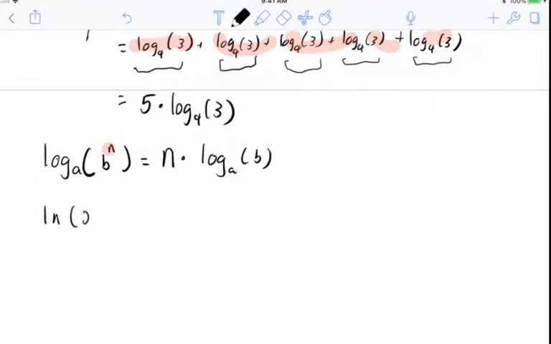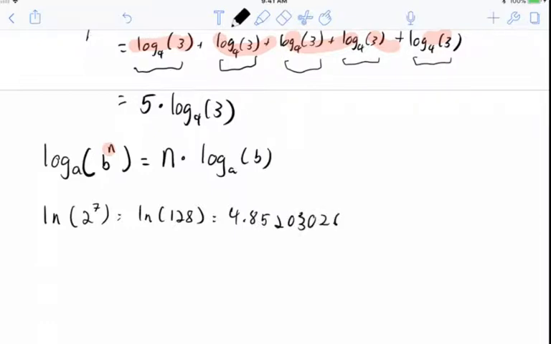ln of 2 to the 7. Okay. 2 to the 7 is equal to 128. If I take ln of 128, you get 4.85203026, whatever, okay?